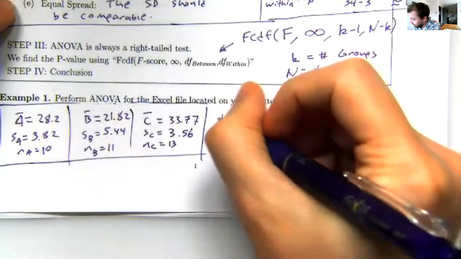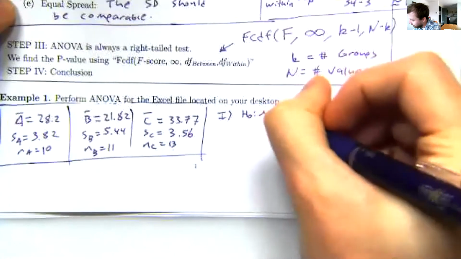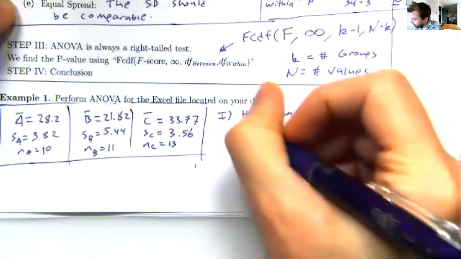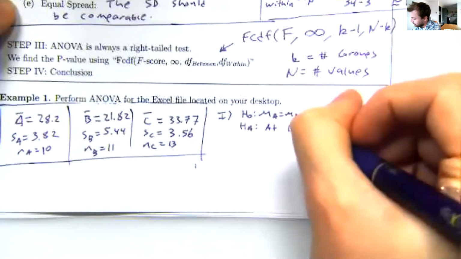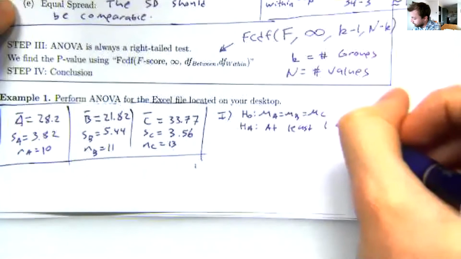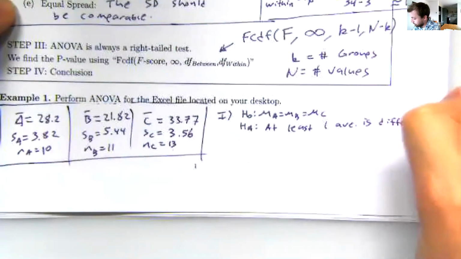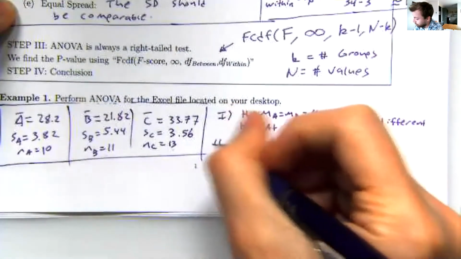So my first step is my hypotheses. My null hypothesis is going to be that all the averages are the same. Alternative hypothesis is that at least one average is different. Second step is model.